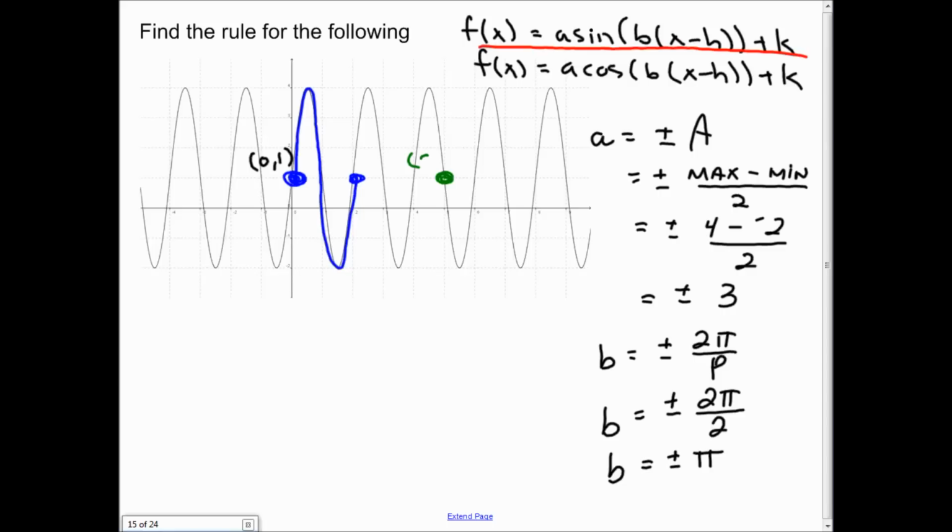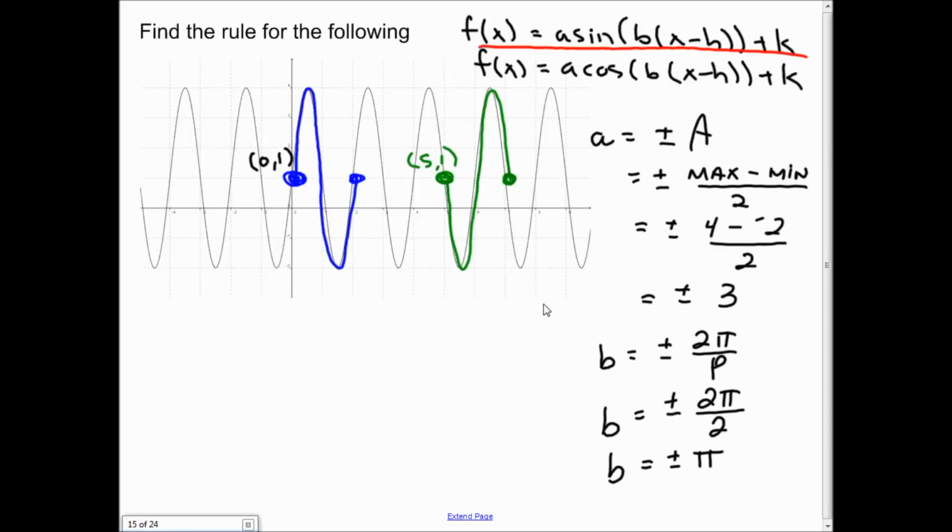So this would be at 5, 1, which means that the first cycle that repeats itself is being drawn right here in green. Now, the values of the A parameter and B parameter don't change because those were relative to the amplitude, which was the maximum minus the minimum divided by 2, and to how often or how long it takes for the pattern to repeat itself.